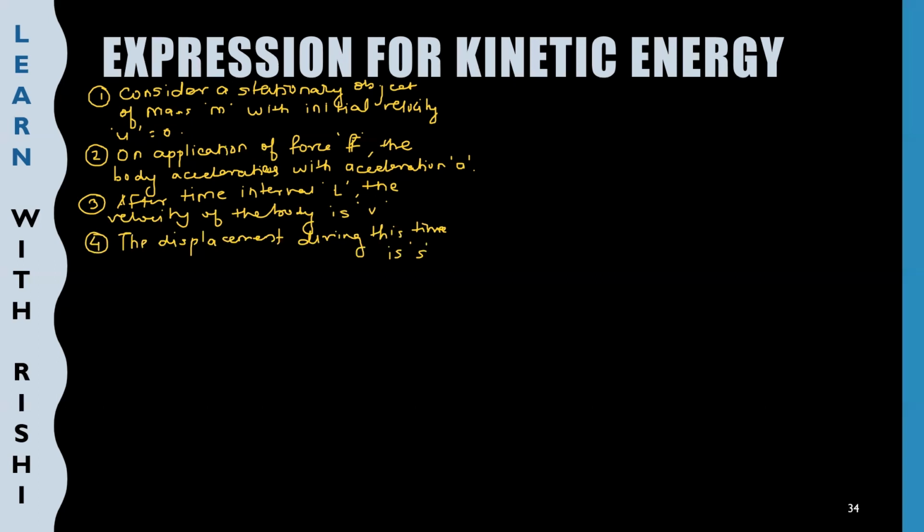Now after writing the description, we'll move on to the main part of our expression. So here, first we'll start with work. We have applied force, so we have done certain work.